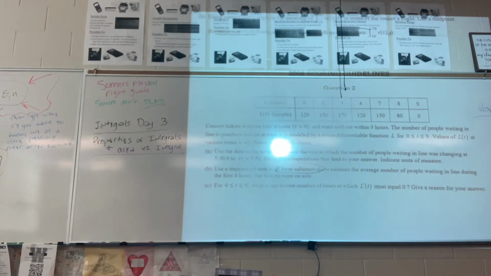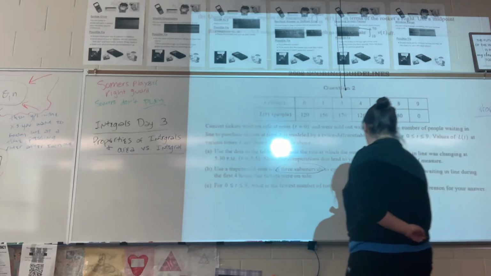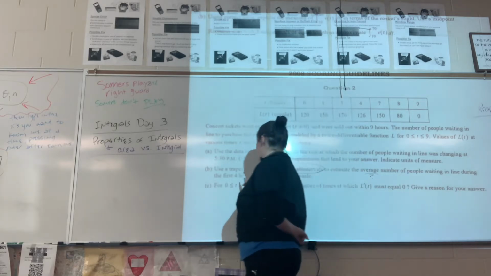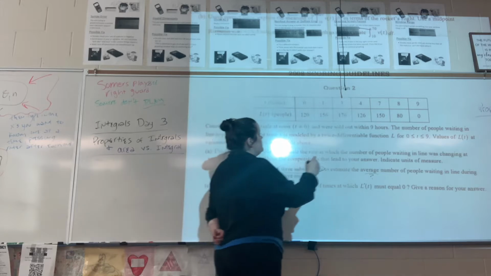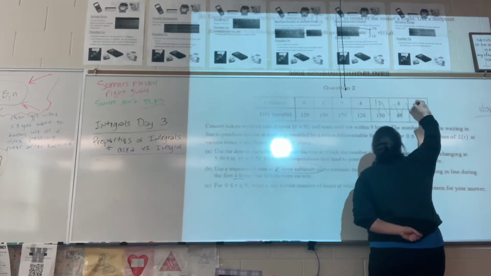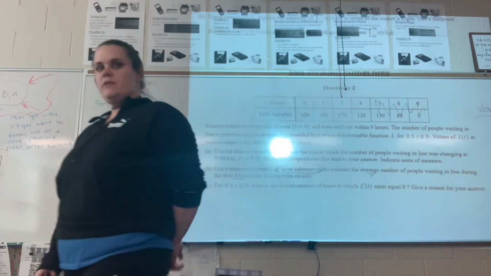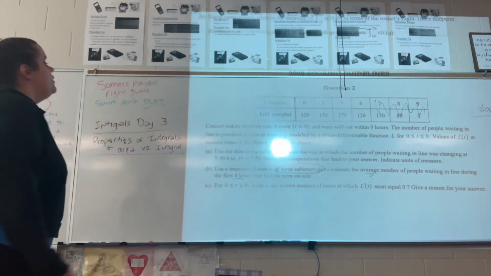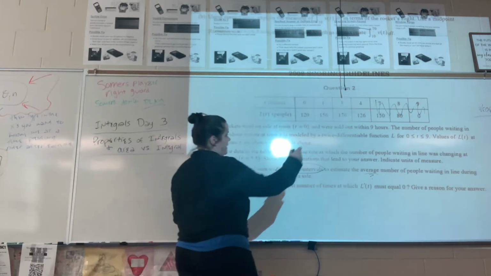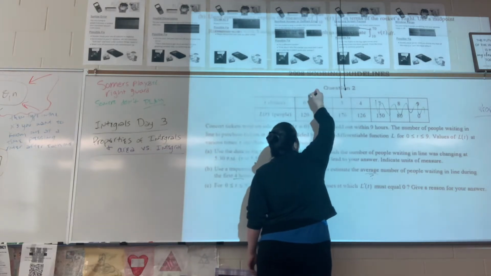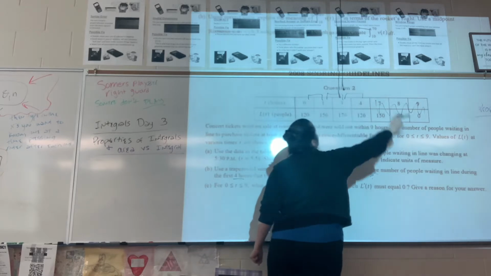But then it says to estimate the average number of people waiting in line during the first 4 hours. We'll deal with that word later. So that means we don't care about any of that. Okay. So first trapezoid. That actually makes it easier because if I want 3 subintervals, then I know there's my 3 trapezoids.